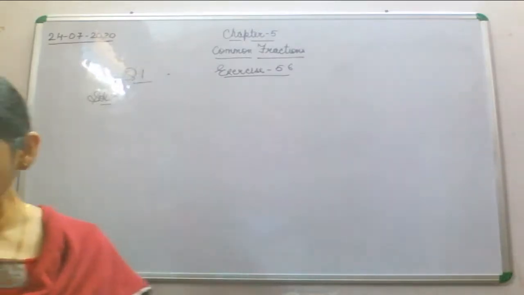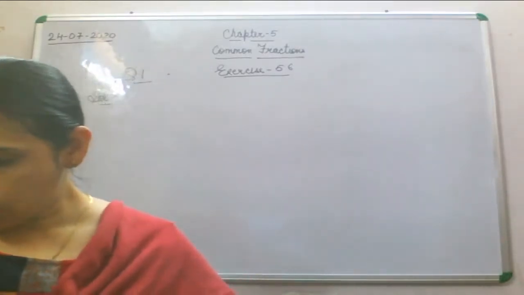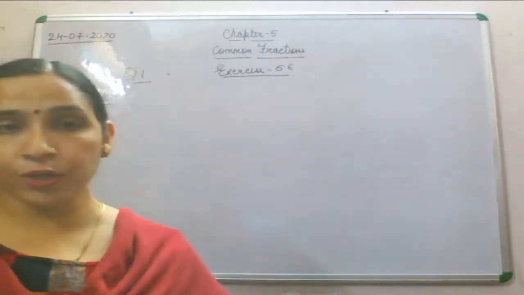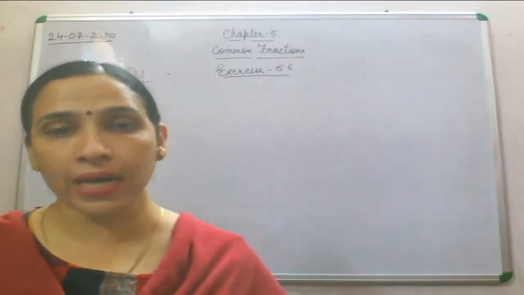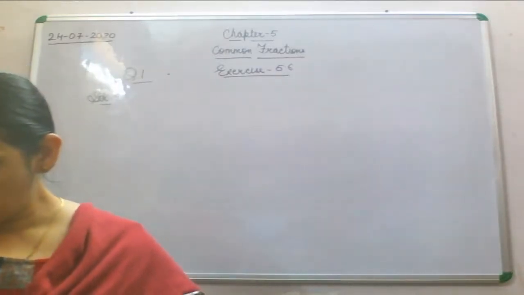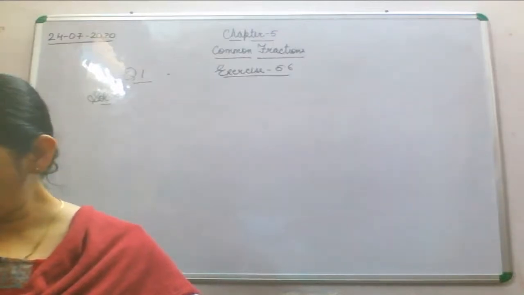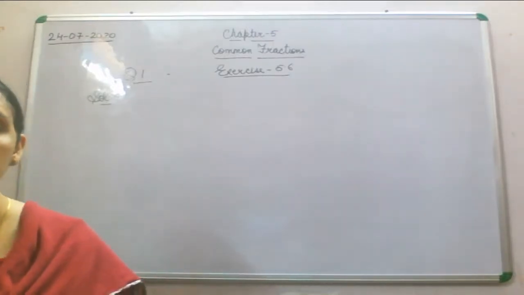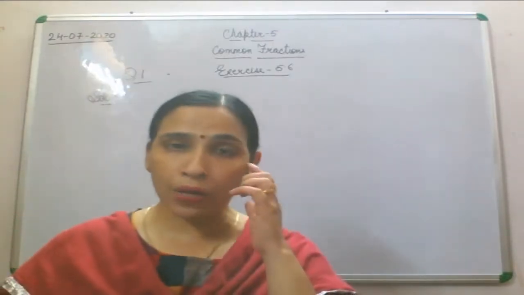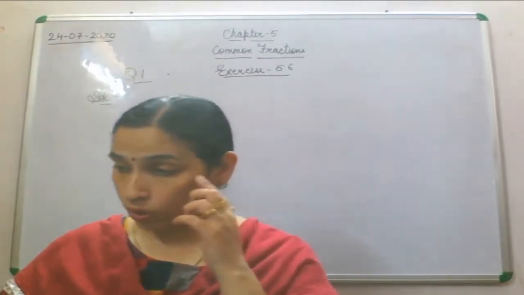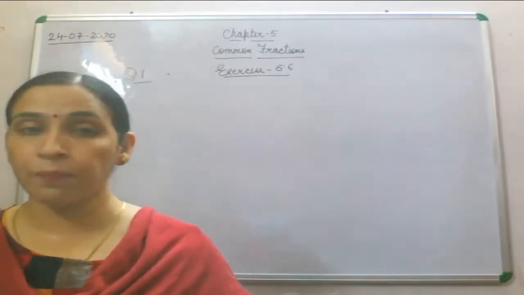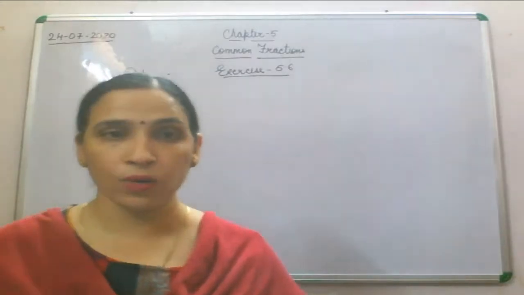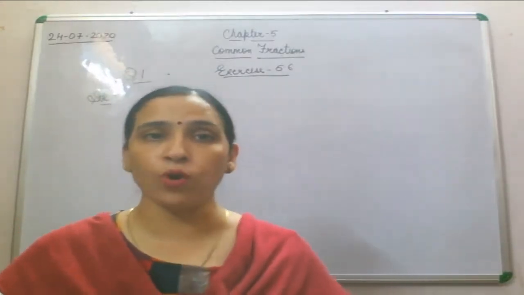Question number 19. The cost of 1 meter of cloth is rupees 140. Now what you have to find out: Reshma bought 1/4 meter of cloth. What did she pay for it?